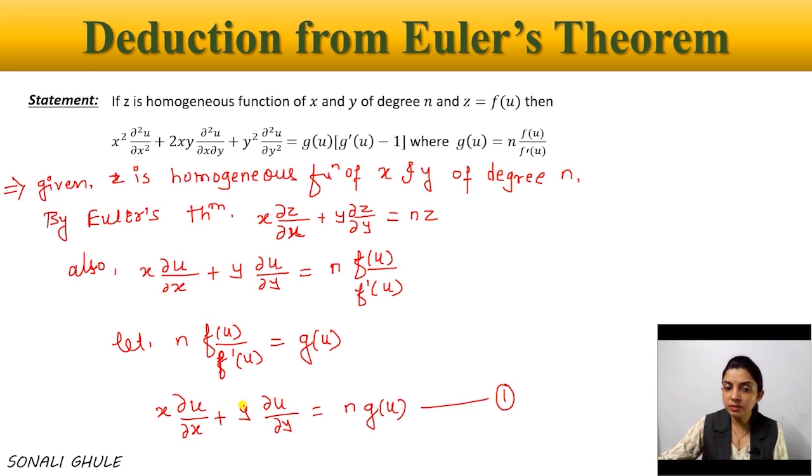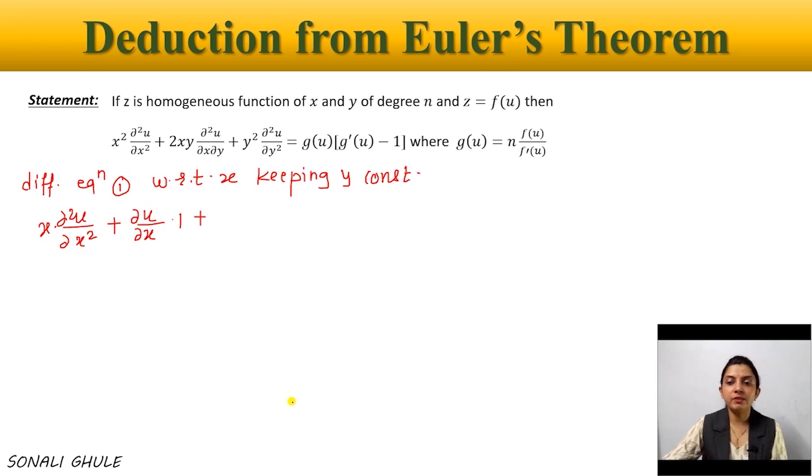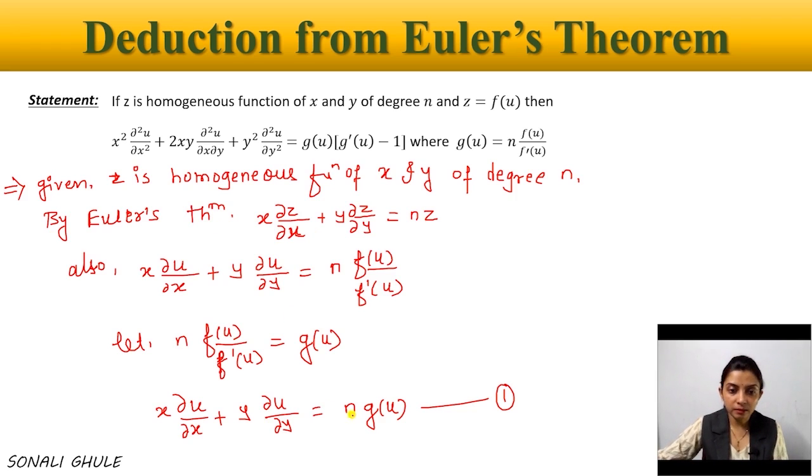Plus, now the derivative of the next term with respect to x. Now y is constant, so I just differentiate this one. But this is already a derivative with respect to y, so differentiating with respect to x gives the mixed derivative of u with respect to x and y. So I can write y ∂²u/∂x∂y, that is equal to n into g of u.